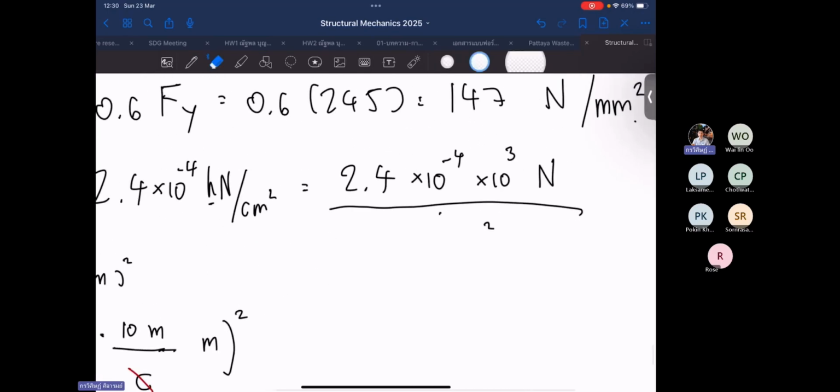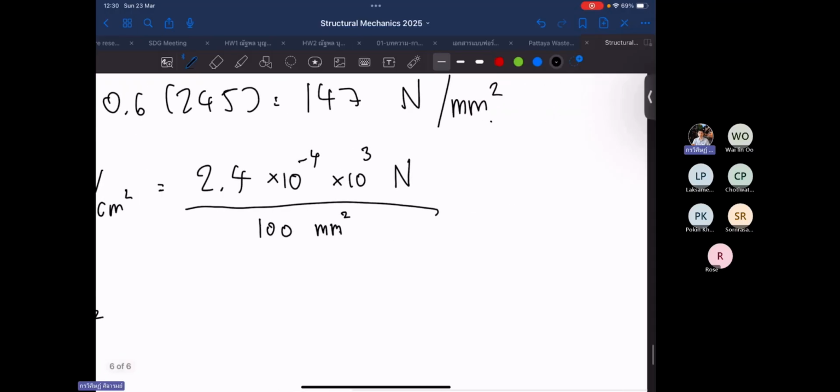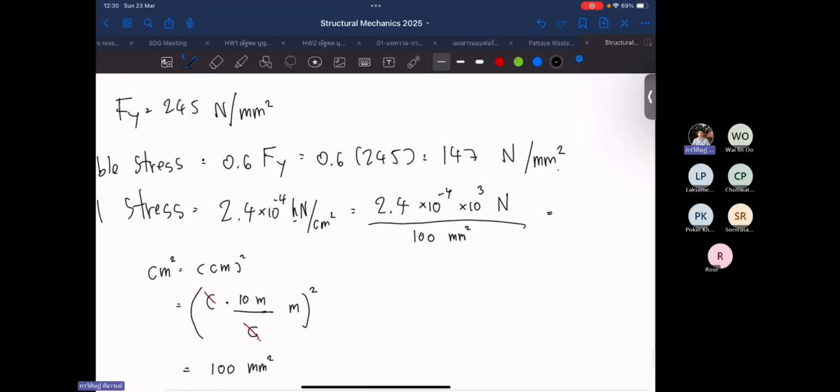So we just divide by 100 millimeter square, then we will get the actual stress. 2.4 multiplied by 10 power minus 4 multiplied by 10 power 3 but divided by 100, gives 2.4 multiplied by 10 power minus 3 kilonewton per millimeter square.